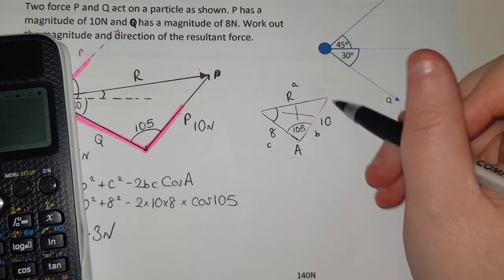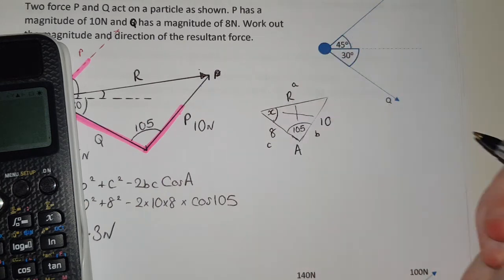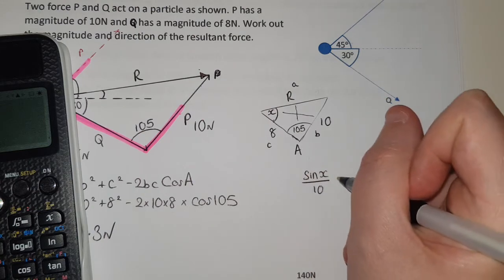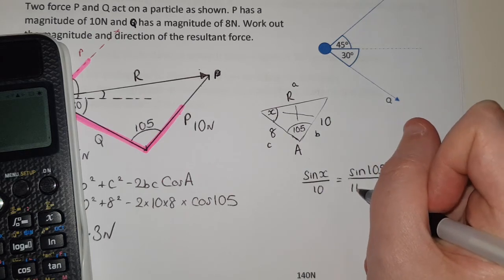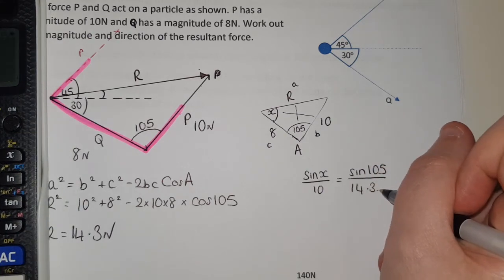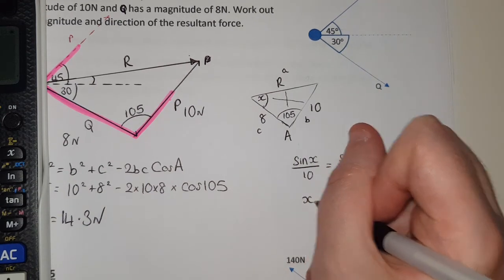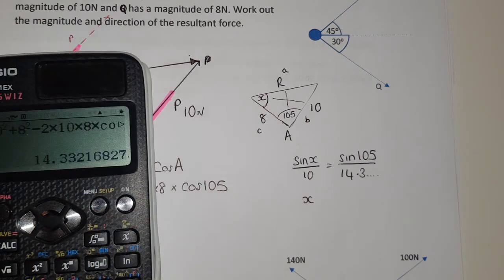So I can now apply the sine rule to this from GCSE. So I'm just going to call this x. So I get sine x over 10 has to equal sine of 105 over, and then try to use the whole number rather than a rounded number. And so all we're going to do is times up by 10 and do sine to the minus 1.